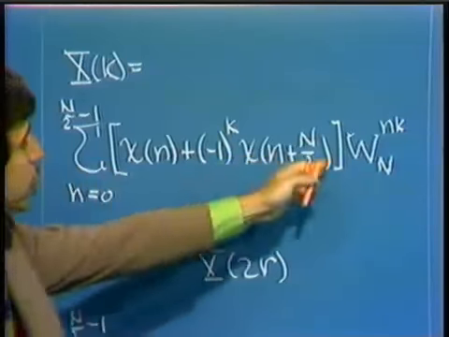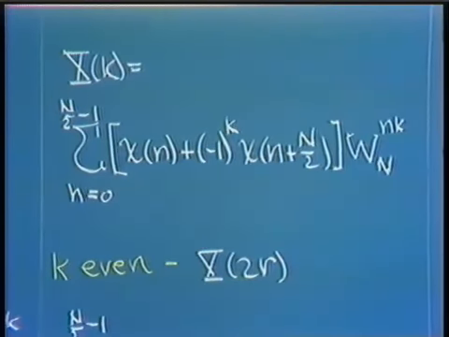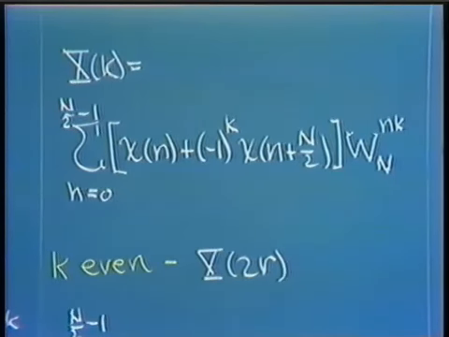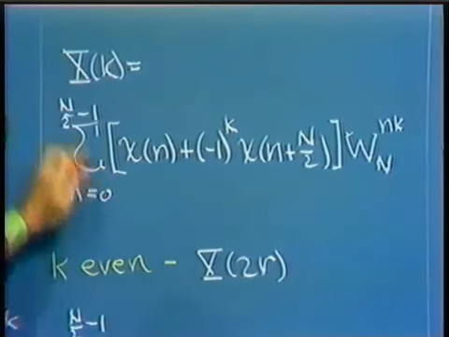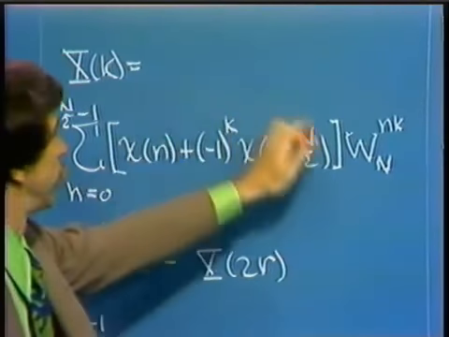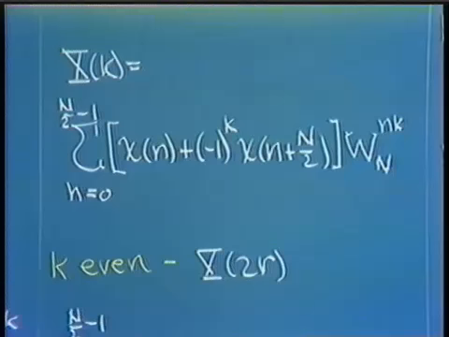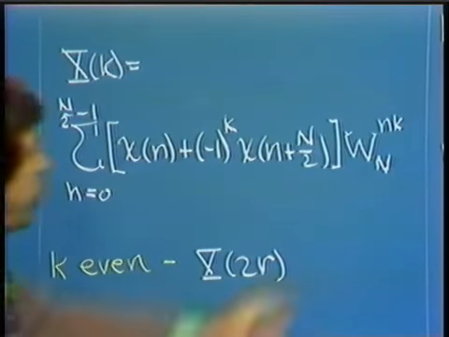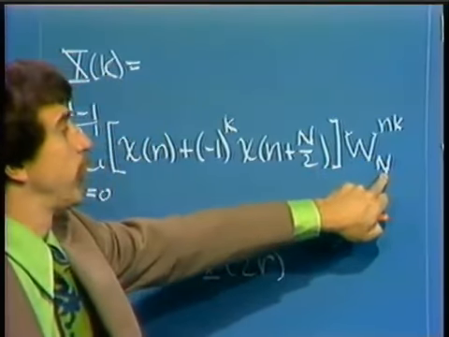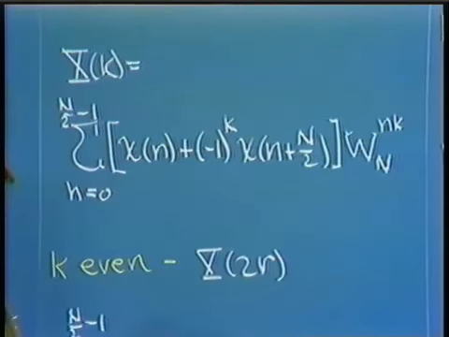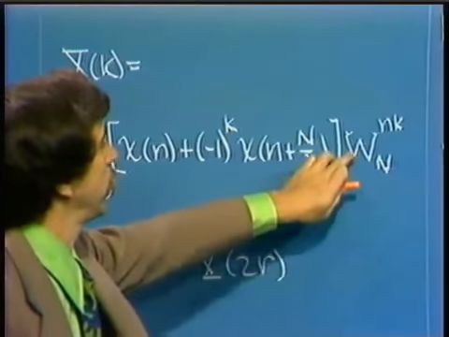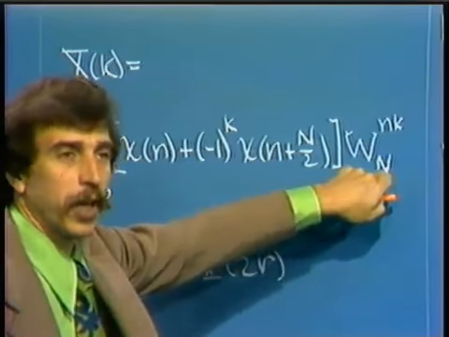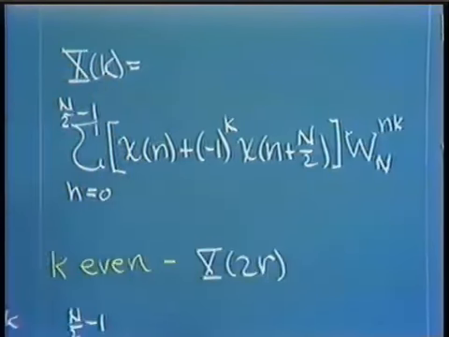Well, it's tempting to look at this and say, kind of in analogy with the steps we took in the decimation in time algorithm, that this is an N over 2 point DFT. It is a sum from 0 to N over 2 minus 1. It's a modified input sequence. But it's not, in fact, an N over 2 point DFT. And the reason that it isn't is that this is W sub N to the nk, whereas if it was an N over 2 point DFT, this would be W sub capital N over 2 to the nk.